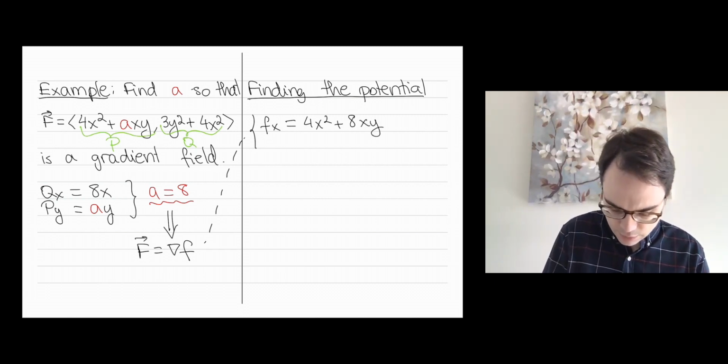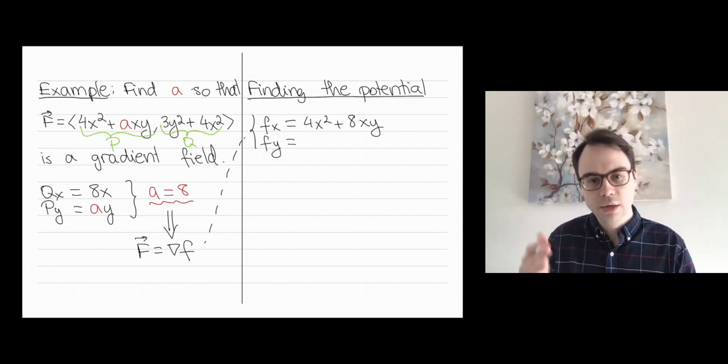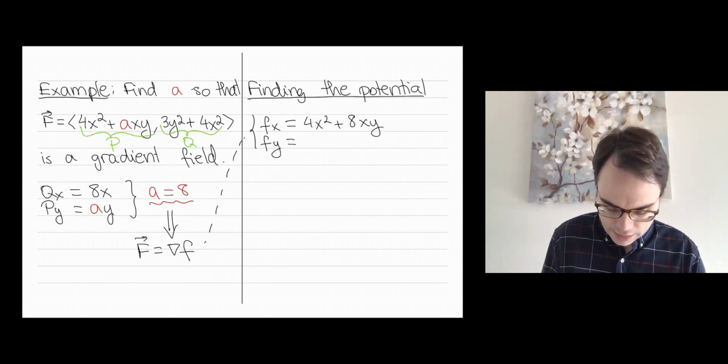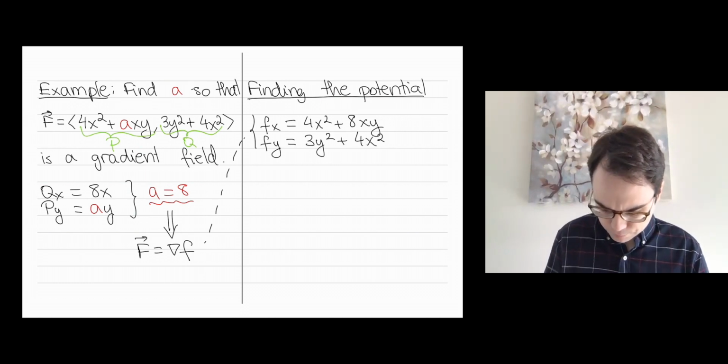And the second equation tells me that the second component of the gradient, f sub y, is equal to the second component of f, that's 3y squared plus 4x squared.